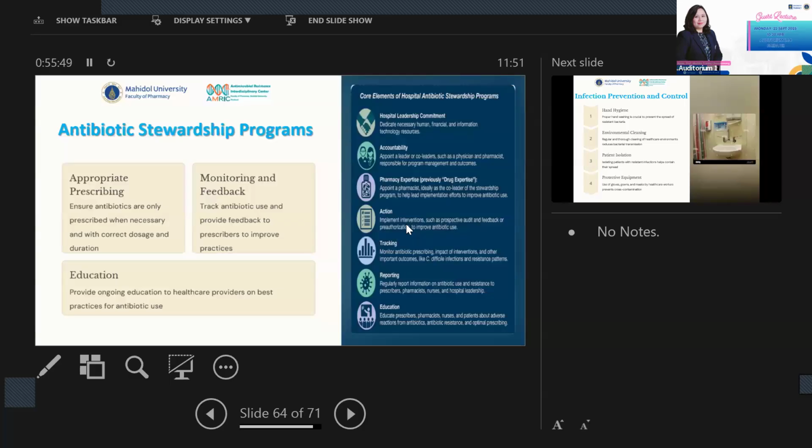It could be a physician, the ID doctor, or the pharmacist, who becomes the leader, and then you recruit other people involved with prescribing the drug. Maybe the doctor, the nurse, and the pharmacist work together and monitor the reasonable use of antibiotics. At the same time, you should set up this program to educate other people.